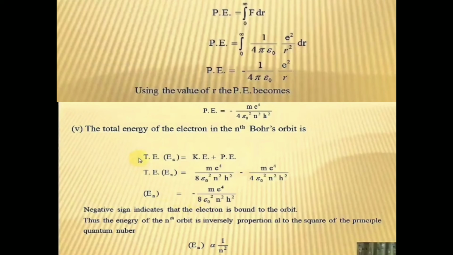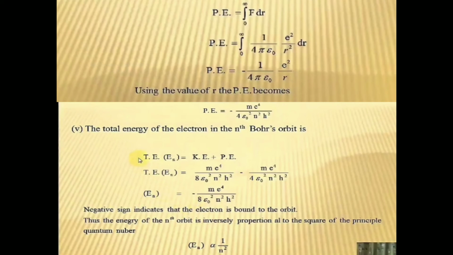which is equal to the integration from 0 to infinity of 1 upon 4 pi epsilon 0, e square divided by r square, into dr. Here, taking out all constant terms from the integration, we only integrate 1 upon r square dr, which is equal to minus 1 upon r.